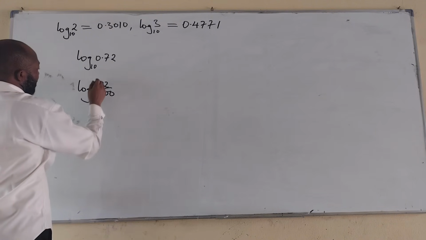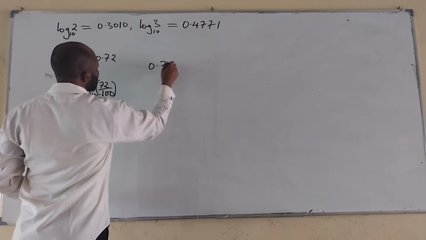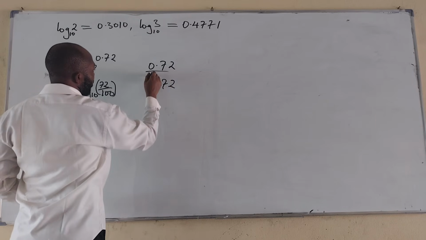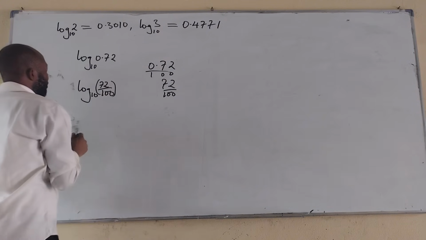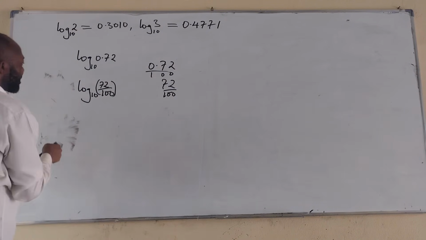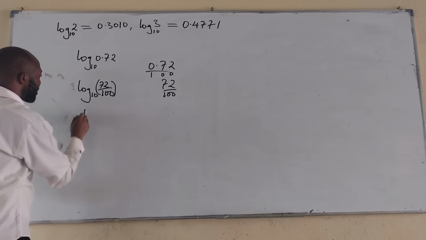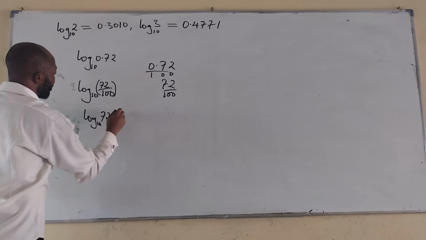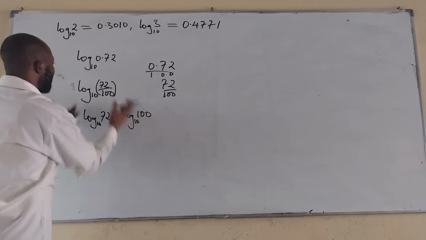The real variable here is 72 over 100. So if this is true, I now have log, open bracket, 72 over 100. This in the subtraction law can therefore be written as log in base 10 of 72 minus log in base 10 of 100.